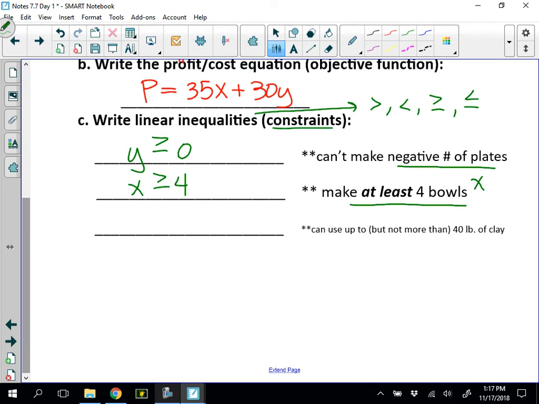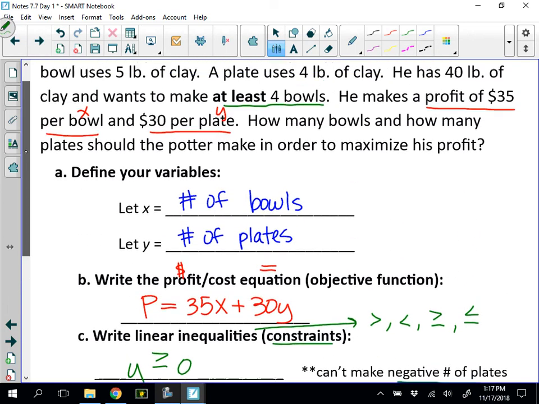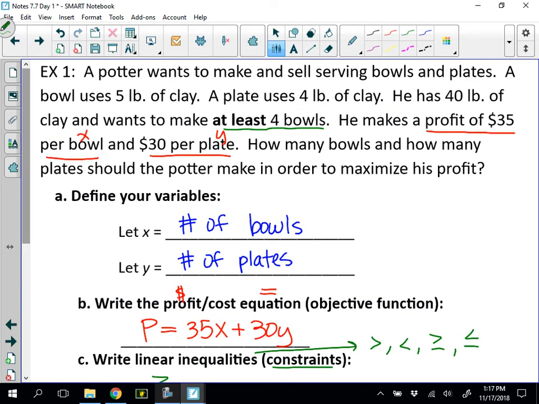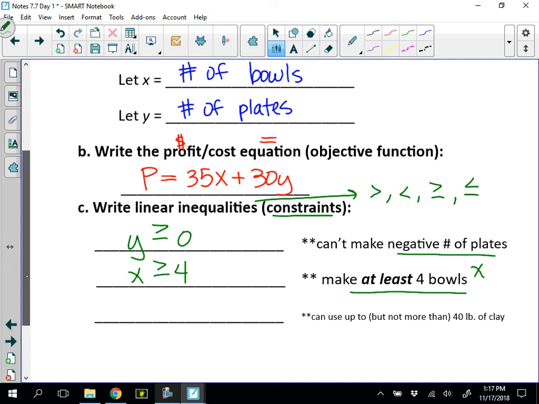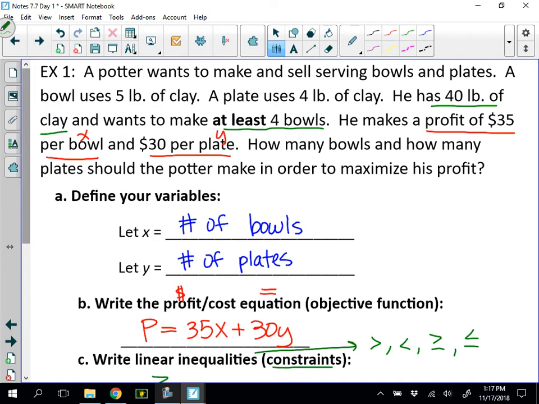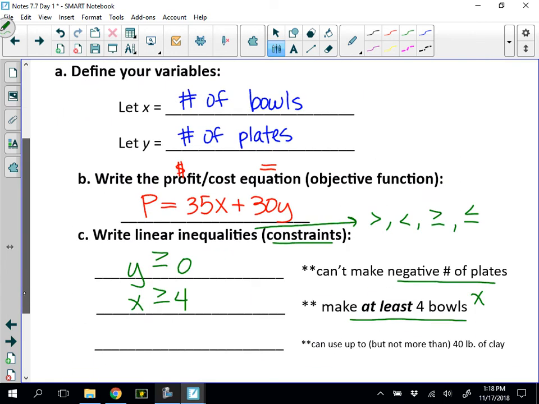The final constraint back up in the problem says that he has 40 pounds of clay. So he only has 40 pounds of clay to use. Back up again. 5 pounds is necessary for a bowl. 4 pounds is necessary for a plate.